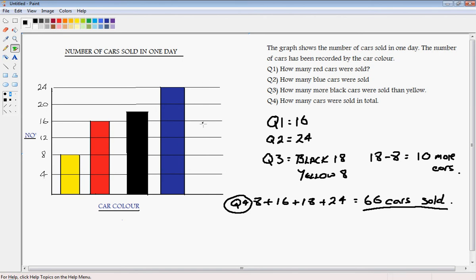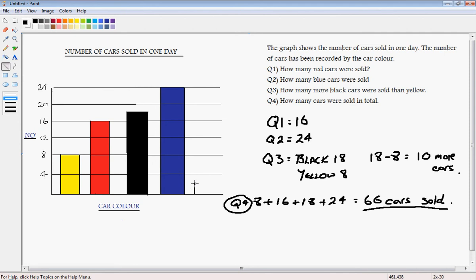Okay. So what we do is we go and we create a bar. Now we've got 2, remember, 2 green cars. So from here to here is 4. So we only want to go halfway.